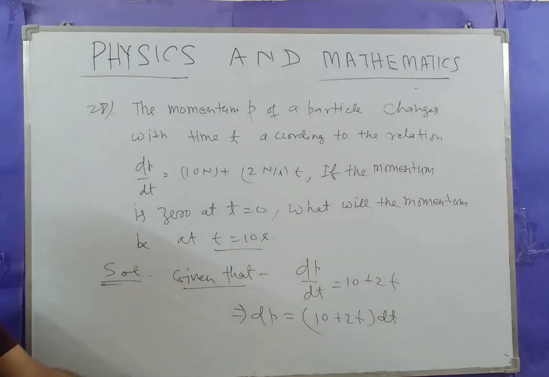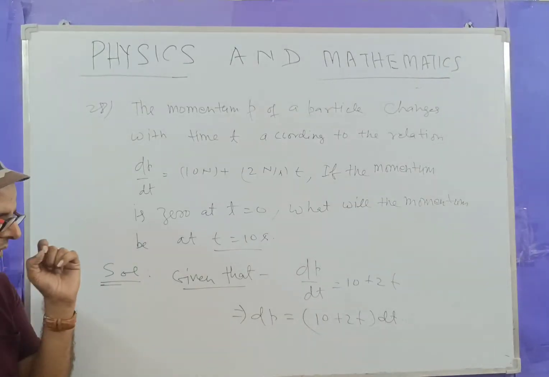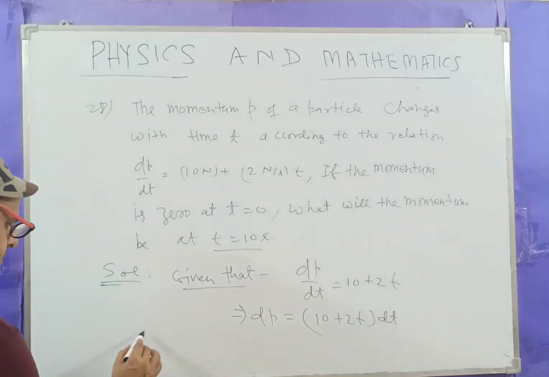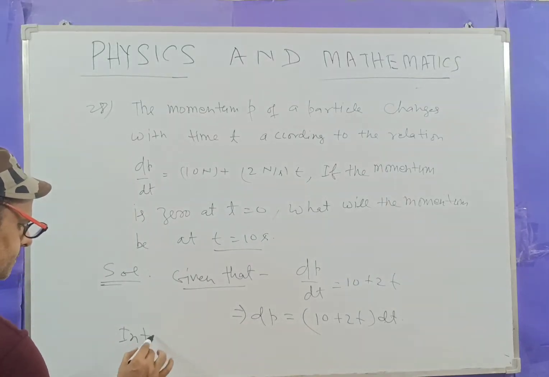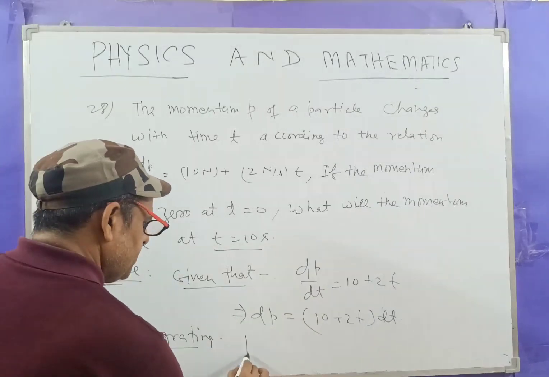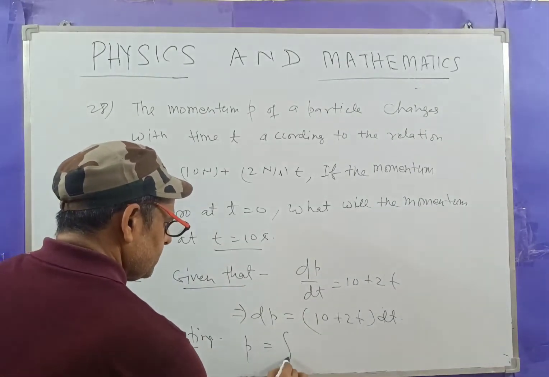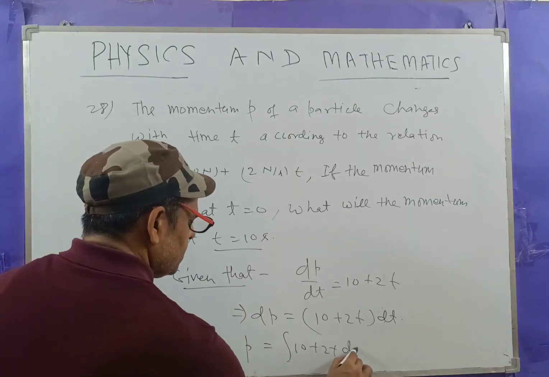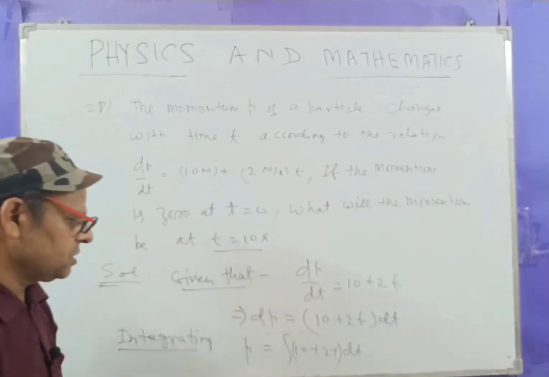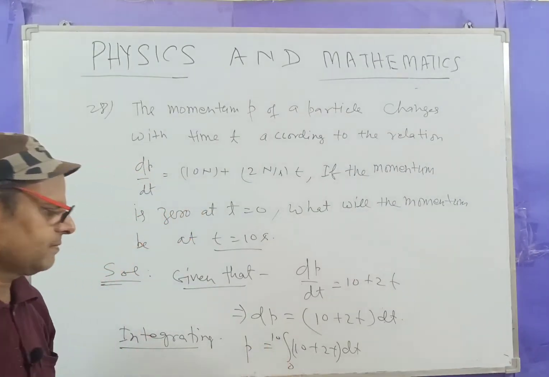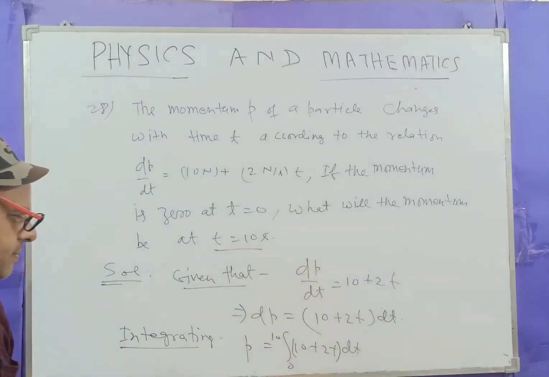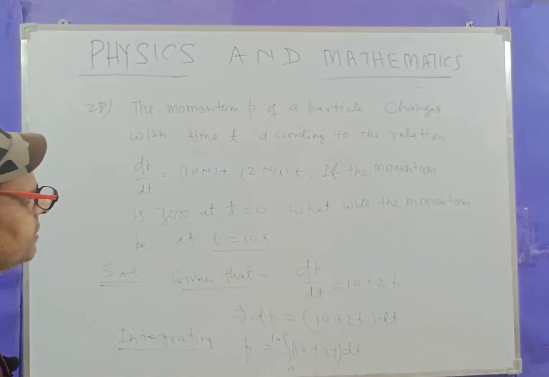First of all, integrate it so that we can find the momentum in terms of t, as a function of t. So integrating, P is equal to the integral of 10 plus 2t dt. Now the change takes place from 0 to 10. At t is equal to 10 seconds, we can find the value after integration. So let us integrate it.